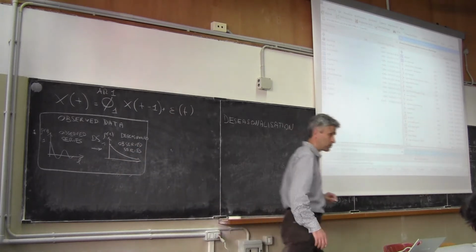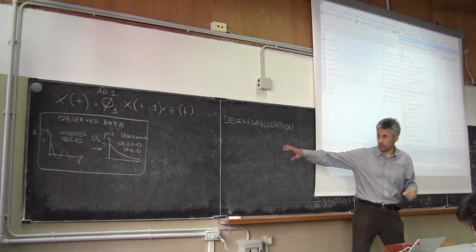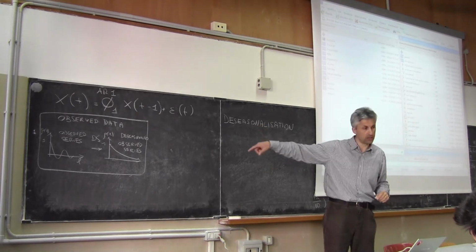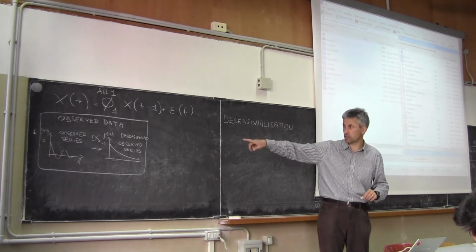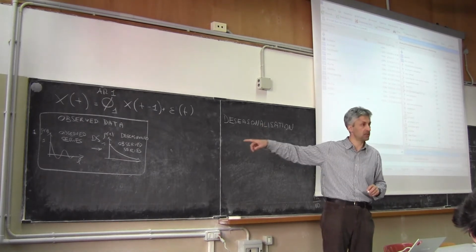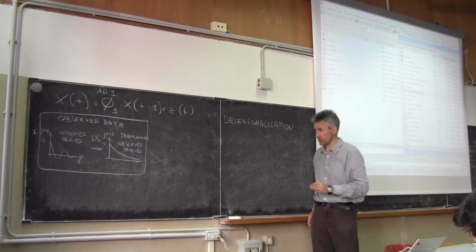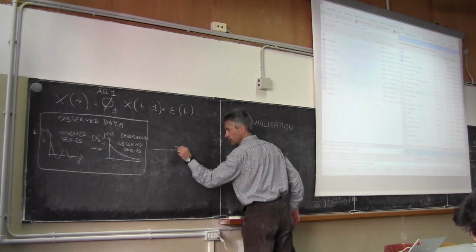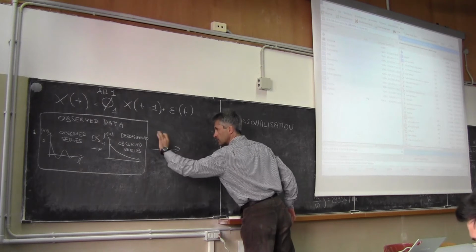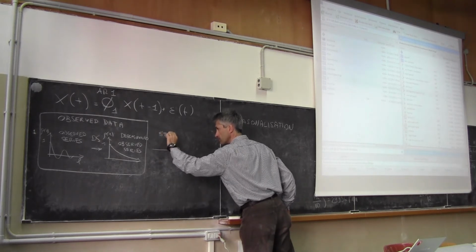So, you start again from the observed series with the periodic autocorrelation function, you apply deseasonalization and you obtain a deseasonalized observed series. Then you have the model here, the stochastic process.